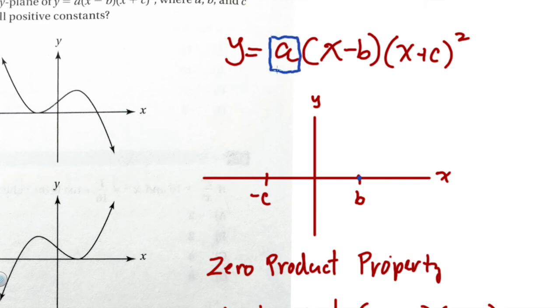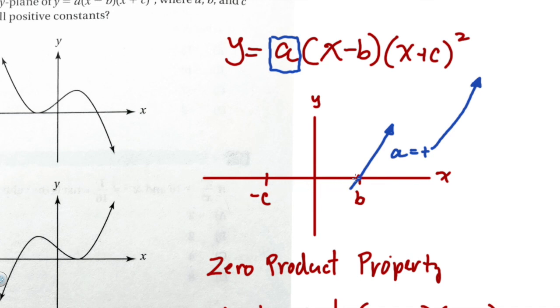When we have a positive value of a, the graph shoots up, meaning the graph goes to positive infinity as x approaches positive infinity. So at positive b, the graph will pass through like this because a is positive, and it will bounce back like that.